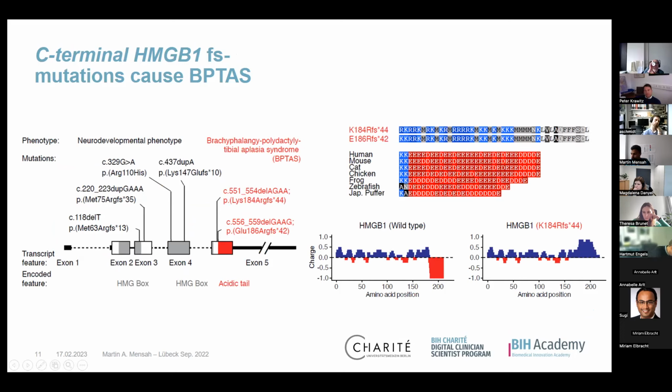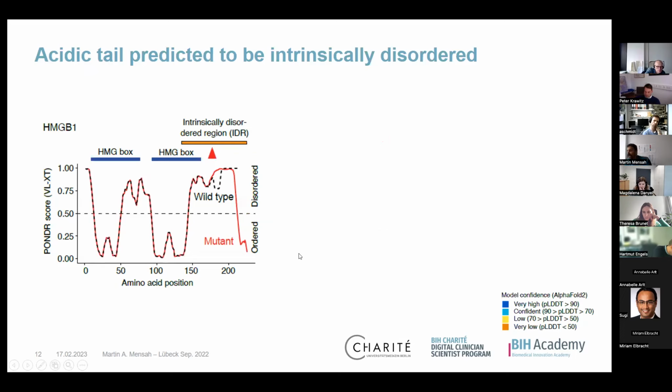This is likely to cause an IDR. And he contacted our colleagues at the MPI, the group of Danish Nies, and they are experts on intrinsically disordered regions. And now that we were sure that these mutations caused brachyphalangy, polydactyly, tibial aplasia syndrome, we were intrigued to know how it does so. And we wanted to know what is happening here functionally.